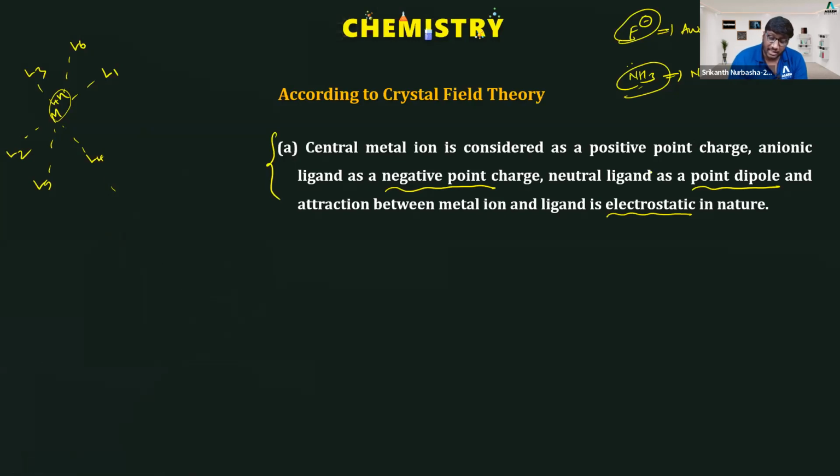The central metal ion is considered as a point charge. Anionic ligands are considered as negative charges. Neutral ligands are point dipoles, and the attraction between metal ion and ligand is electrostatic in nature. From this, what can we say, students?